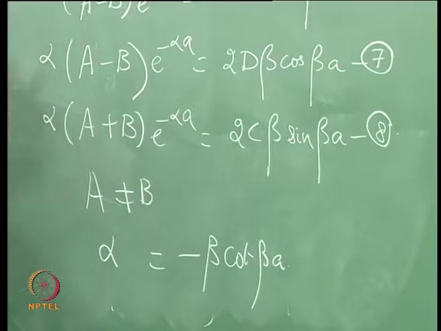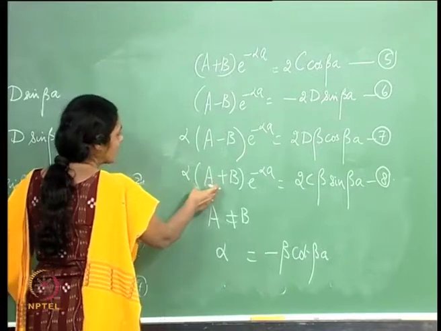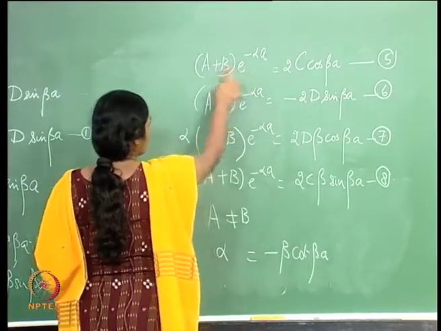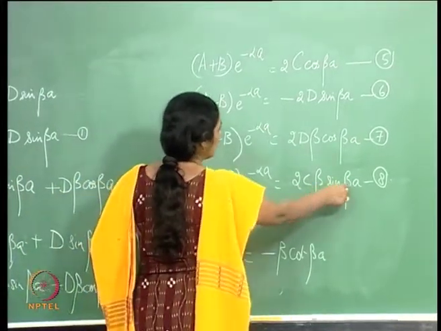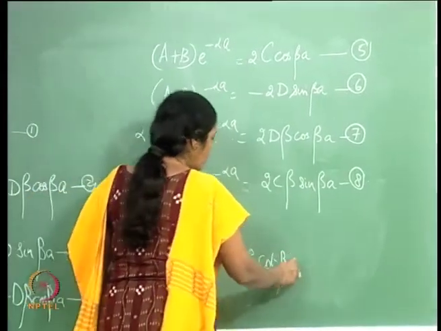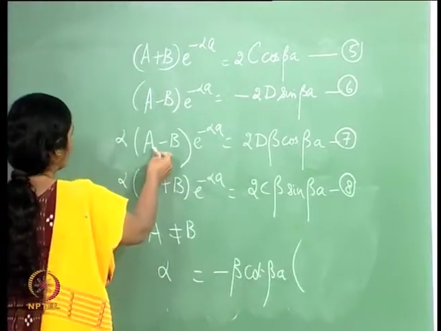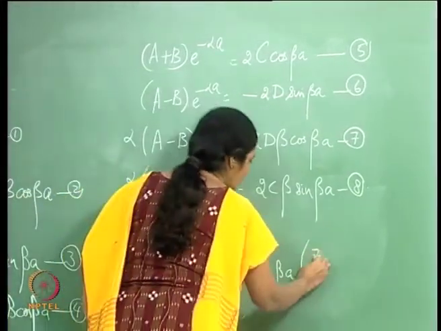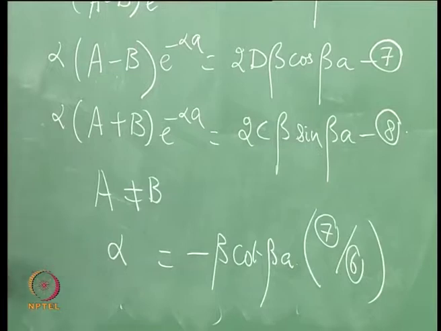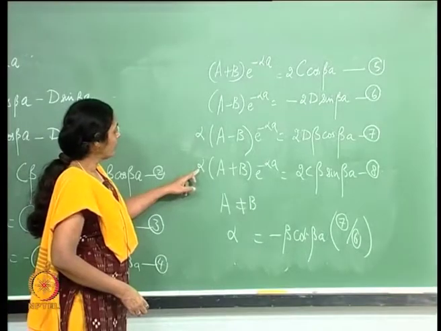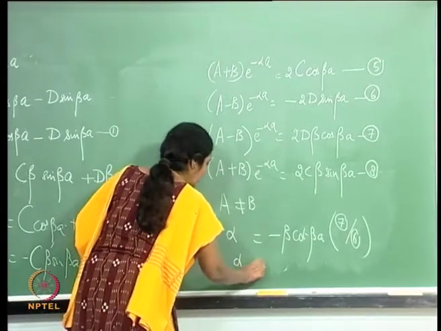I could also have divided equation 8 by equation 5, and that would have given me alpha is equal to beta tan beta A. So one solution is alpha is minus beta cot beta A. I got this by looking at these two equations, equation 7 divided by equation 6.